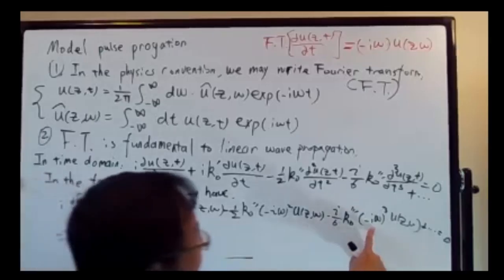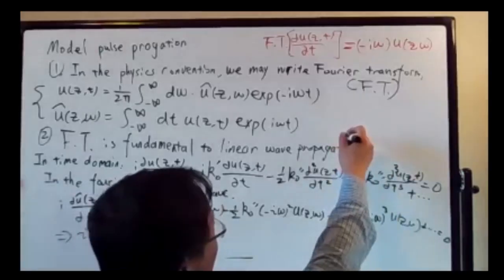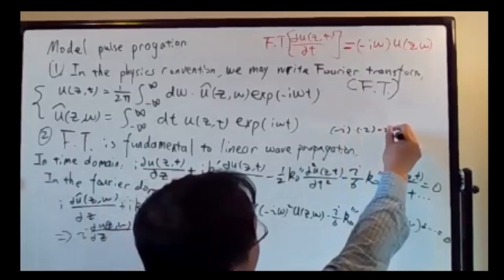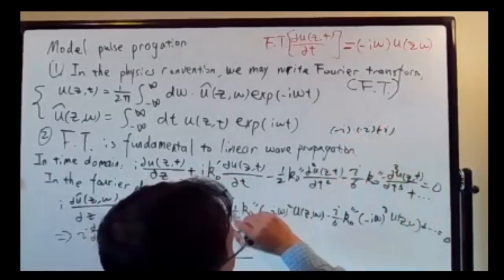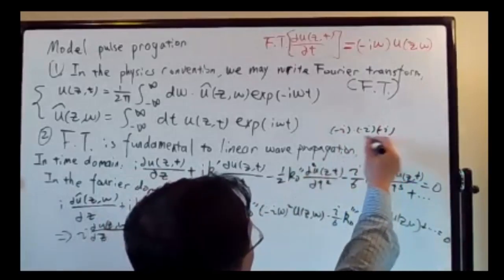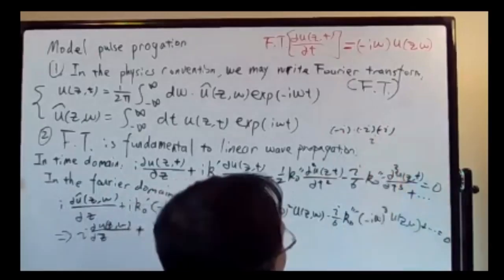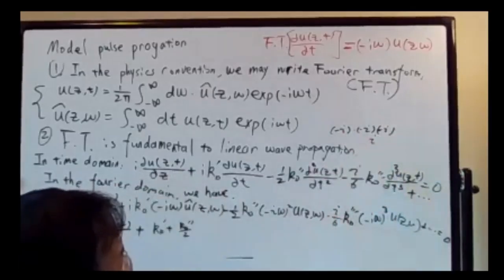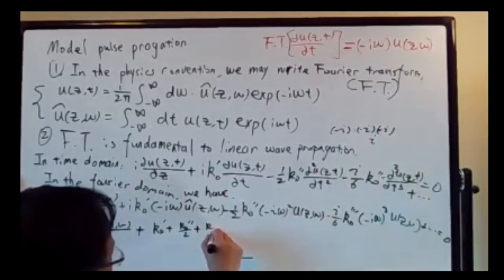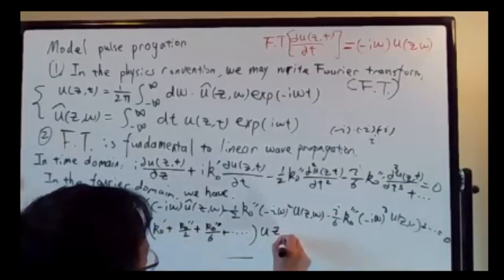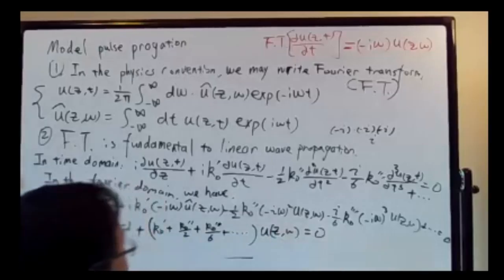Negative i cubed, negative i times negative i times negative i, is simply positive i. So it's plus k naught triple prime over 6, plus all the higher order terms, then û(z,ω) equals 0.